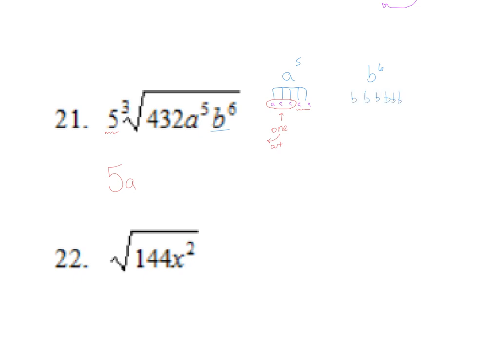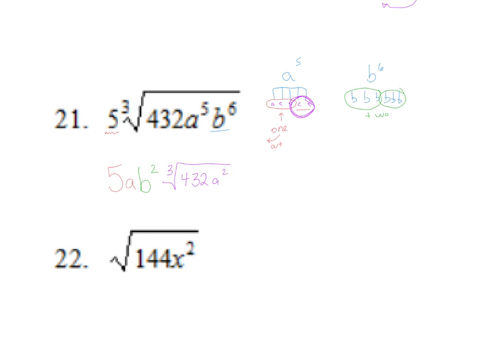And I'm pretty sure you agree that there are 2 cubes. So that cube comes out. And then I'm going to go ahead and write that I have left over the cube root of 432 a squared.